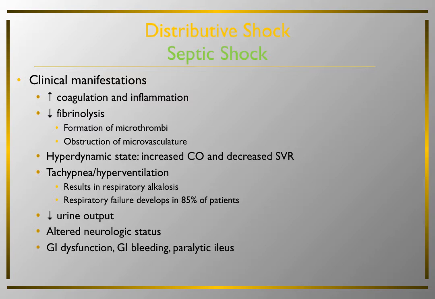The patient will initially hyperventilate as a compensatory mechanism, which means they're trying to suck in air. But this causes them to blow off CO2, which results in respiratory alkalosis. Once the patient can no longer compensate, respiratory acidosis will develop.